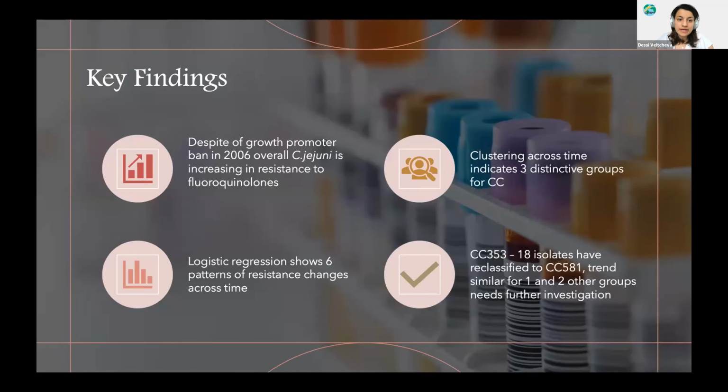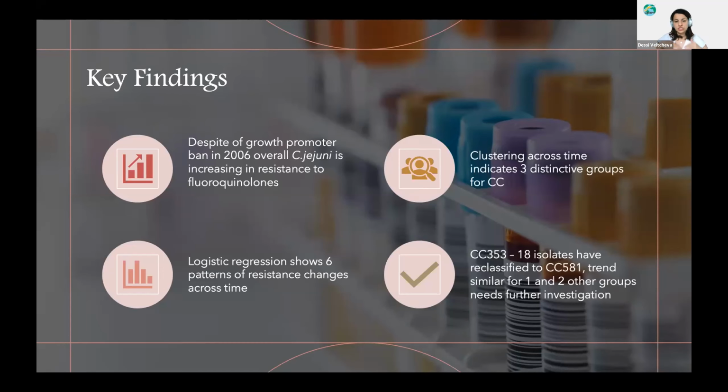To summarize, we started off with the ban of growth promoters and asked how resistance is changing across time. We saw an increase across time in Campylobacter jejuni. However, when we dive one layer down, we see 3 distinctive groups when we cluster them across time by resistance.